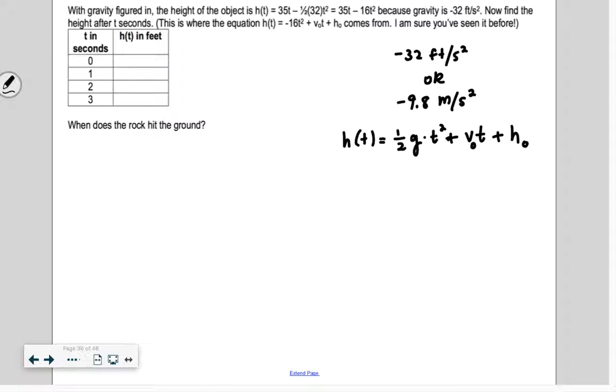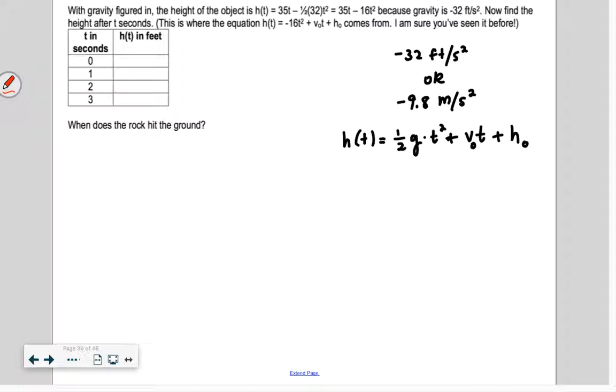Do you guys understand that? Subscript of 0, we've done that before. In our case, we're starting at a height of 0. And if we didn't have gravity, this part would be gone. We would just have whatever our time was, like we just did, multiplying by 35 or whatever. But we do have gravity, so we got to consider it.